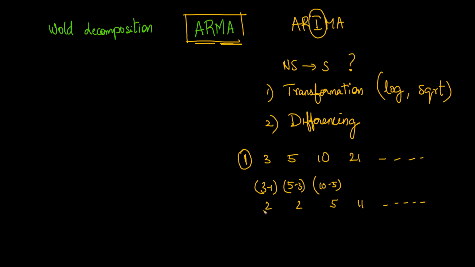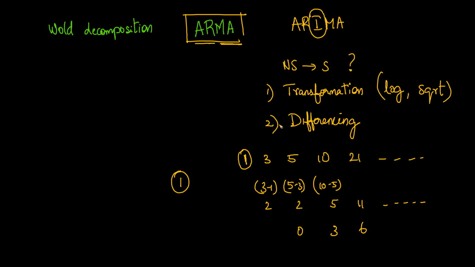Now this also doesn't look stationary, right? Typically, differencing it one time itself will make the series stationary. If it is still not stationary, then what you would do is difference it one more time. So 2 minus 2 is 0, 5 minus 2 is 3, 11 minus 5 is 6, and so on. And we continue to difference it until the series becomes stationary. Differencing is one approach. This is the very commonly used approach.